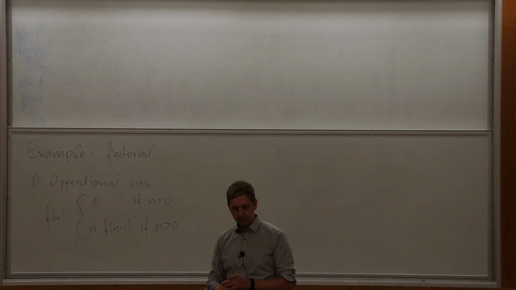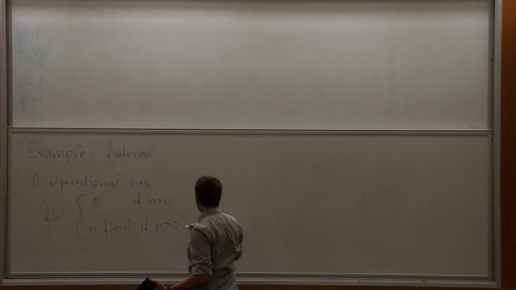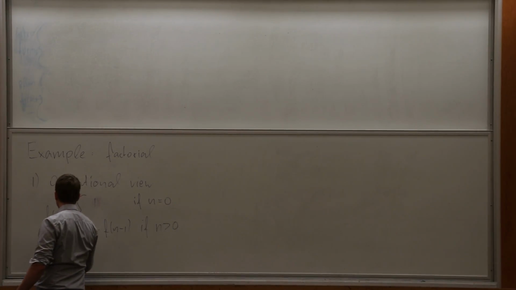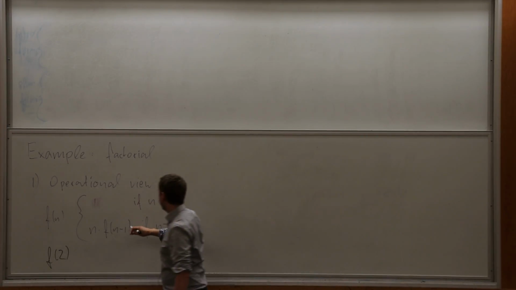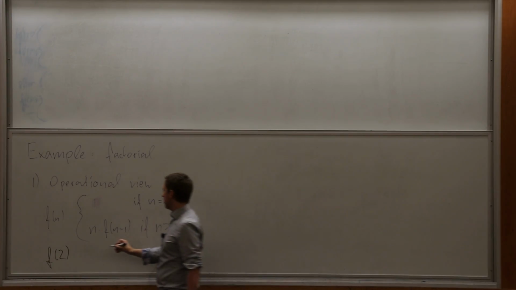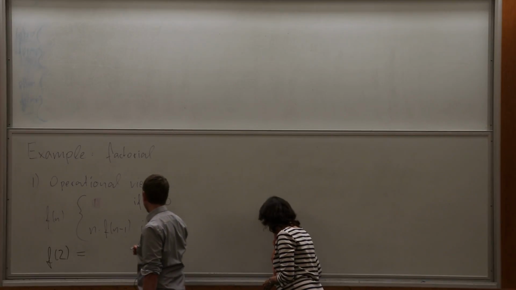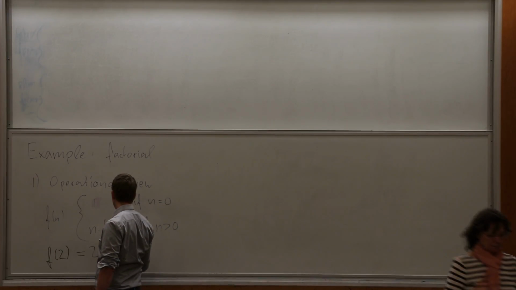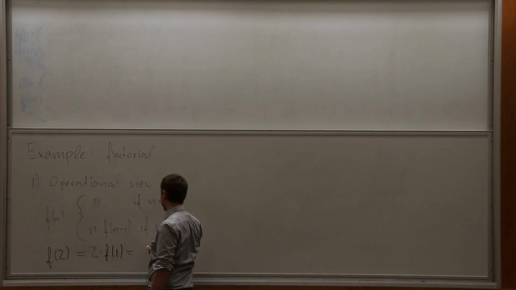So why is that an operational view? Well, if we have f of 2, we replace it with its definition. I can unfold the definition, so this is 2 times f of 1, and then I can unfold the definition of f of 1, right?